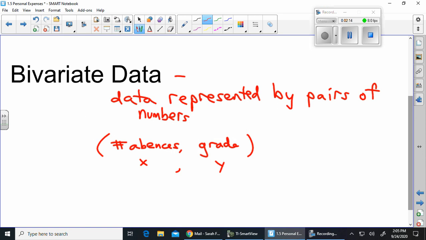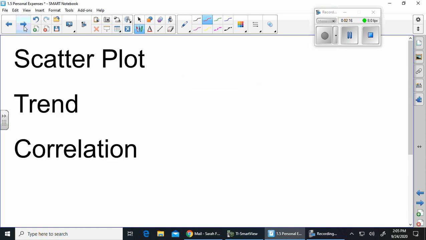If we look at this data, what we're going to do with it is make a scatter plot, which I'll show you in the next thing, but that's like my X, my Y. And I'm plotting points. So I have my x-axis, which is my independent variable. My y is my dependent variable.